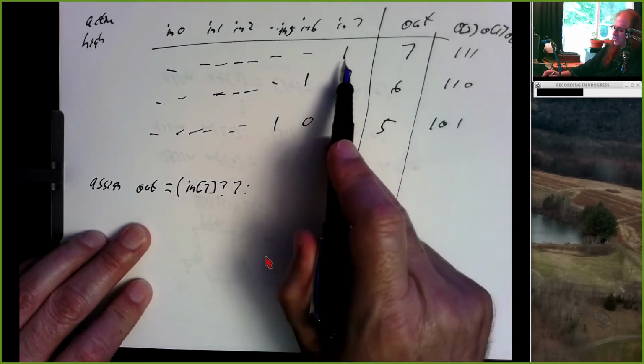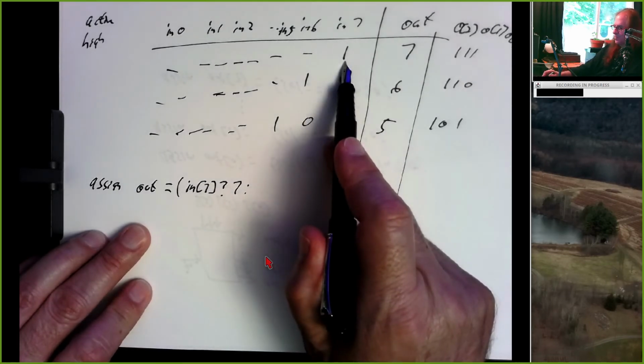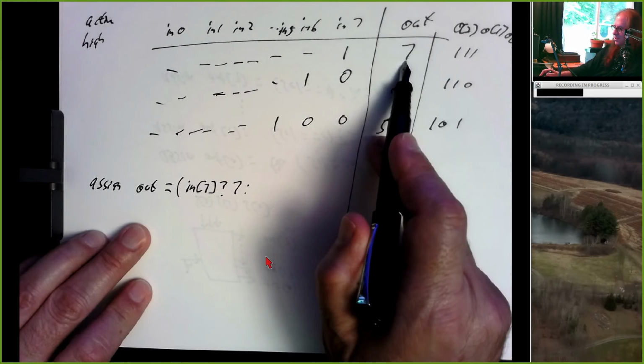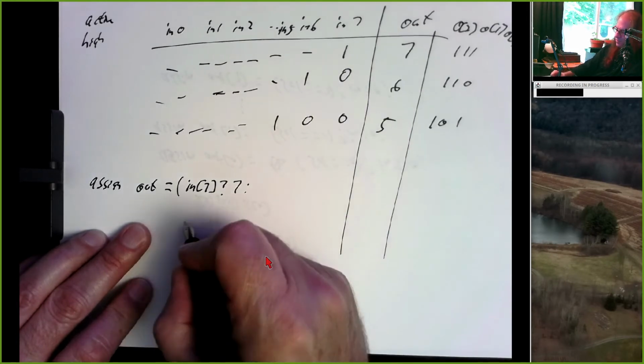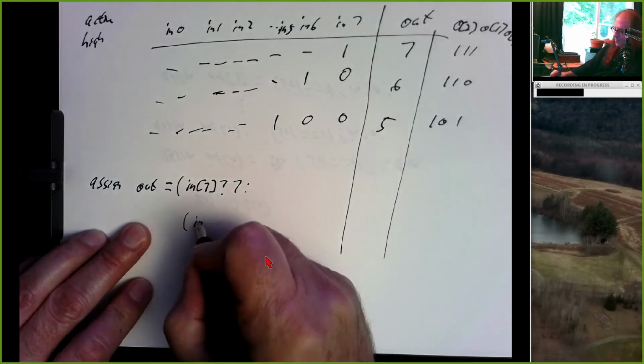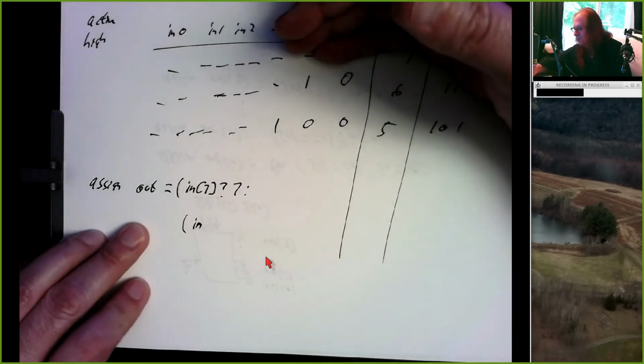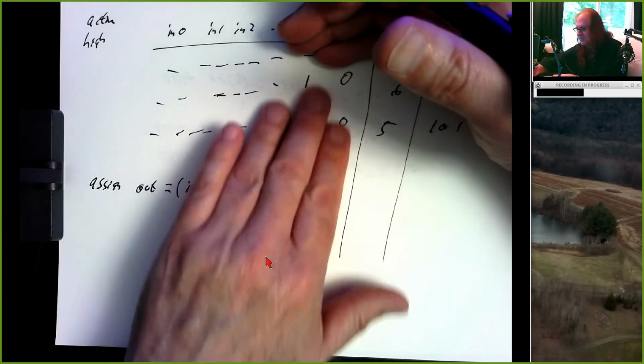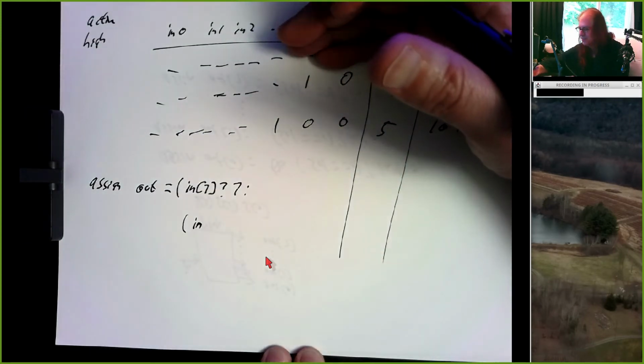Right? So if this bit is a 1, that's all we need to know. The output should be set equal to 7. Otherwise, let's set it equal to the value that we should get if we have one of these input combinations.